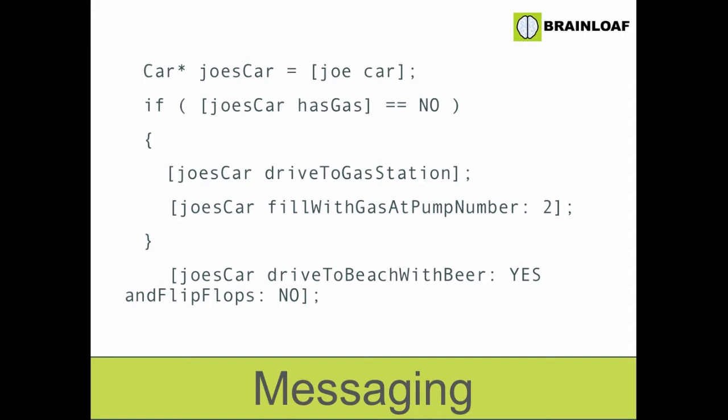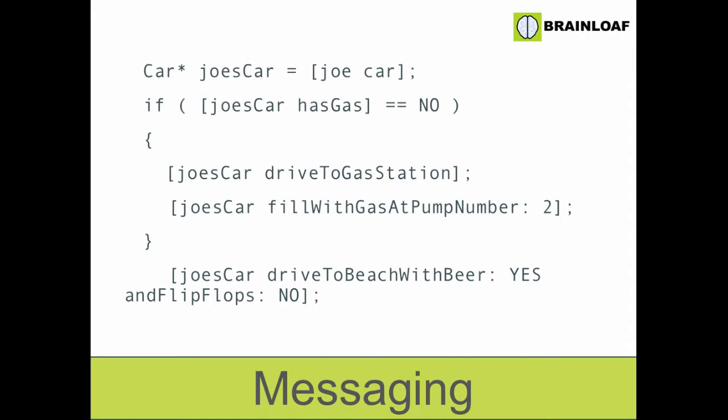And that Joe's car instance will then receive that message, look to see if it has a method named has gas, and if so, execute it. In this case, it would execute a method, and that method returns a bool. You'll see here it says equals equals NO, capital N-O. Those are compiler directives. The code style for Objective-C, rather than using true or false, usually uses NO and YES to make things a little more readable.